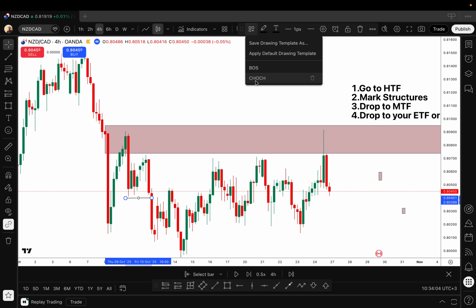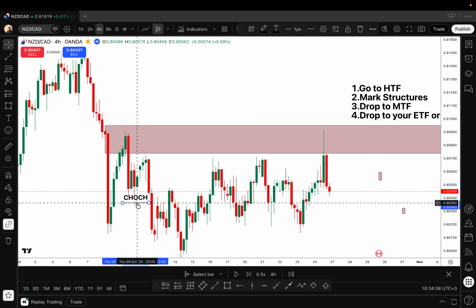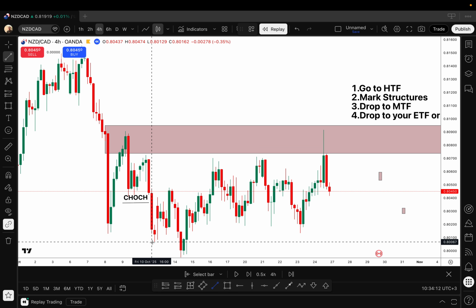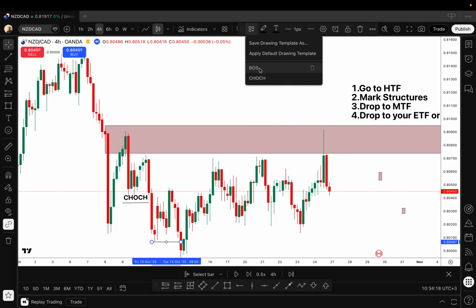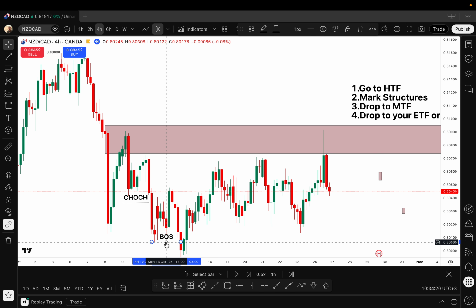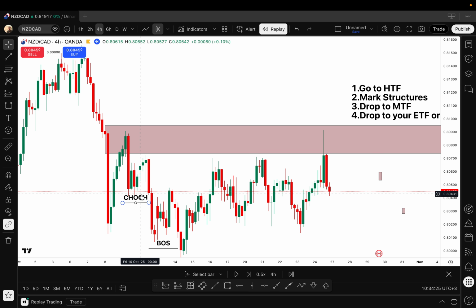That is the CHoCH, clear change of character, and then we have BOS here, BOS, clear break of structure. So we have a change of character, break of structure.